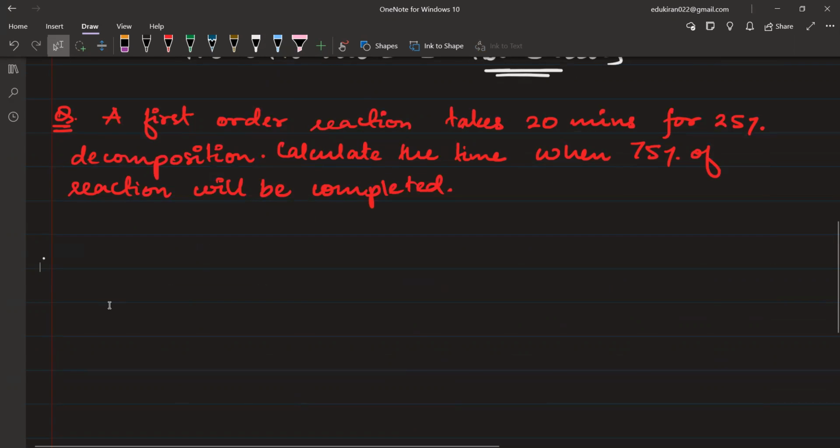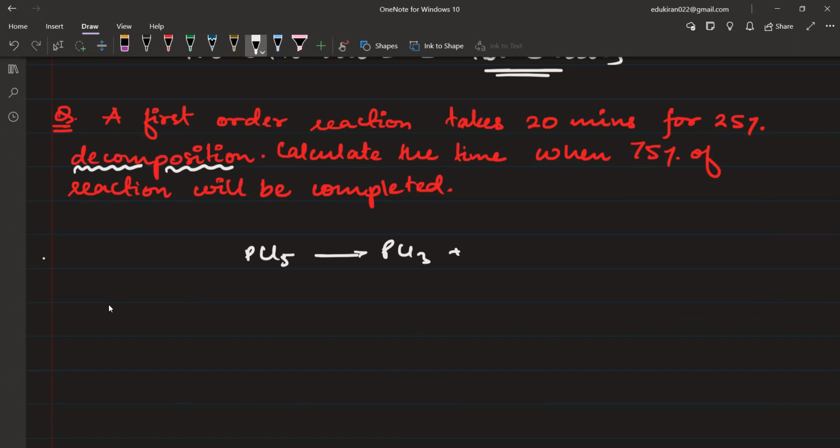Decomposition always happens in first order only. Whenever you see decomposition, it is going to happen in first order. One example of decomposition reaction is PCl5 giving you PCl3 plus Cl2. As you can see, we have only one reactant, so it can only be a first order reaction. Decomposition reactions are generally first order only.